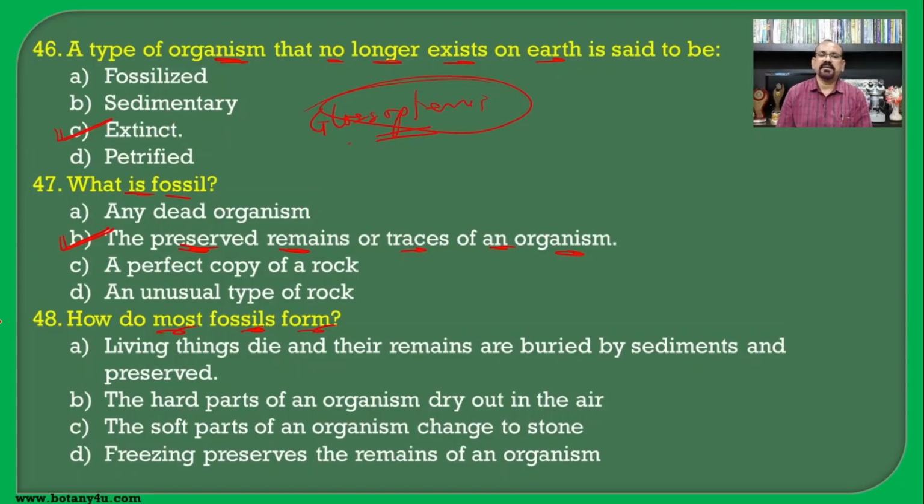In the process of fossilization, the different plant or animal organs are buried and deposited in the sediments, and then they are preserved. So the living things die and their remains are buried by the sediments and preserved. In this way they are converted into fossils.